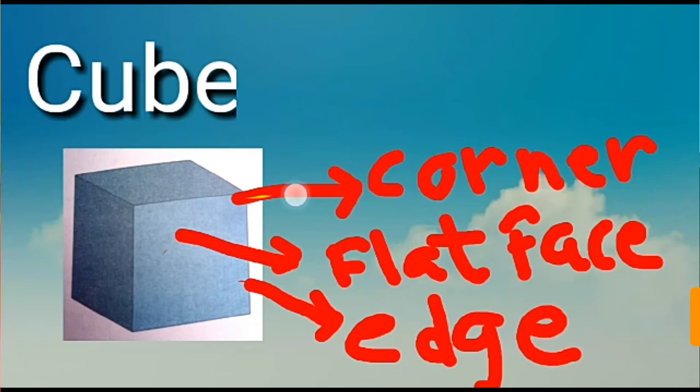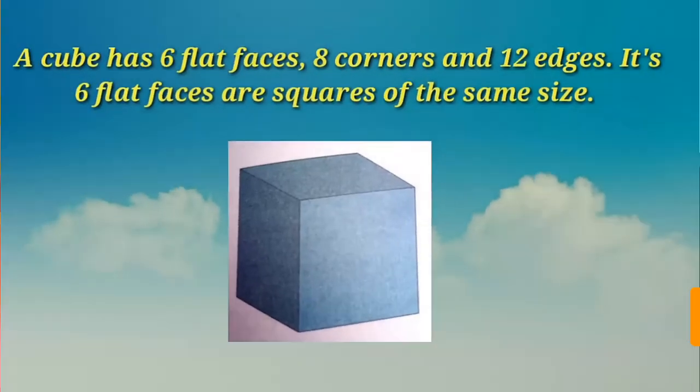A cube has 6 flat faces, 8 corners and 12 edges. Its 6 flat faces are squares of the same size.